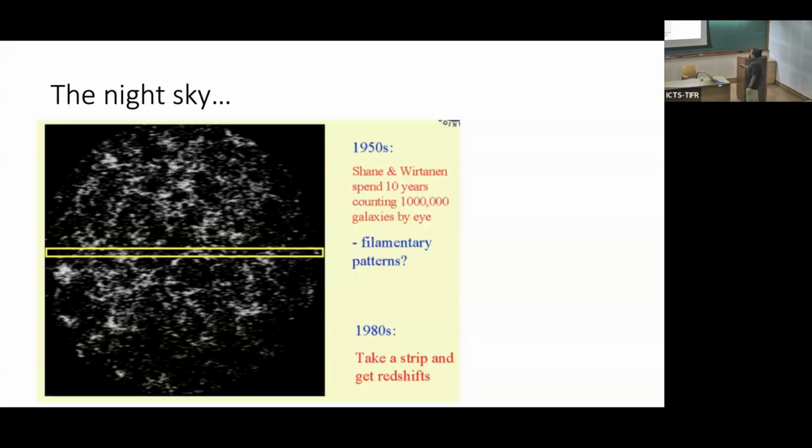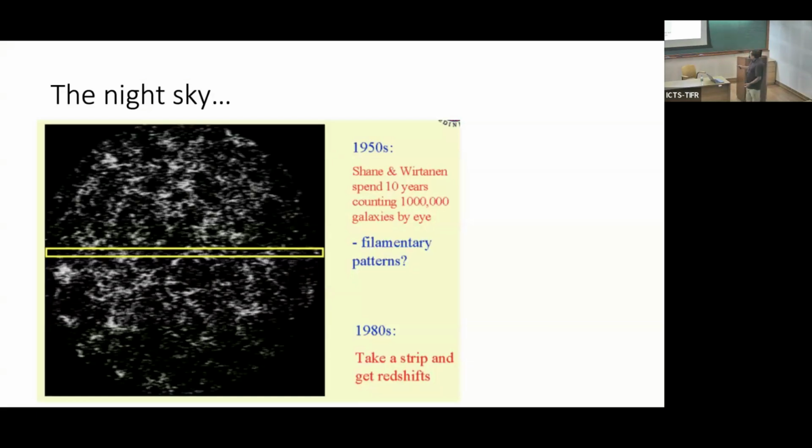But it took another 30 years before you had enough instrument sensitivity that you could look at one strip and get redshifts of these objects. Once we get redshifts of these objects, one could connect to background cosmology.